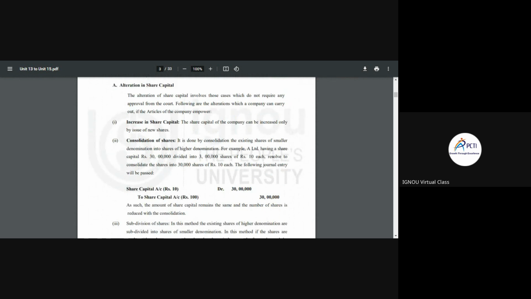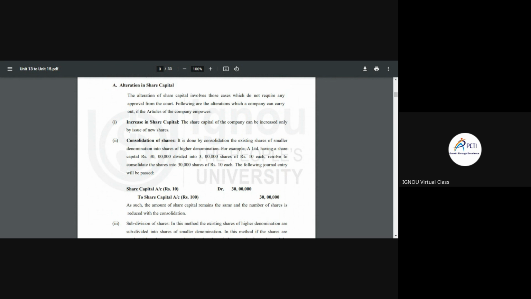In the case of share capital alteration, it involves those cases which do not require any approval from the court. So here are some different alterations which a particular company can carry out if the articles of the company give the authority.